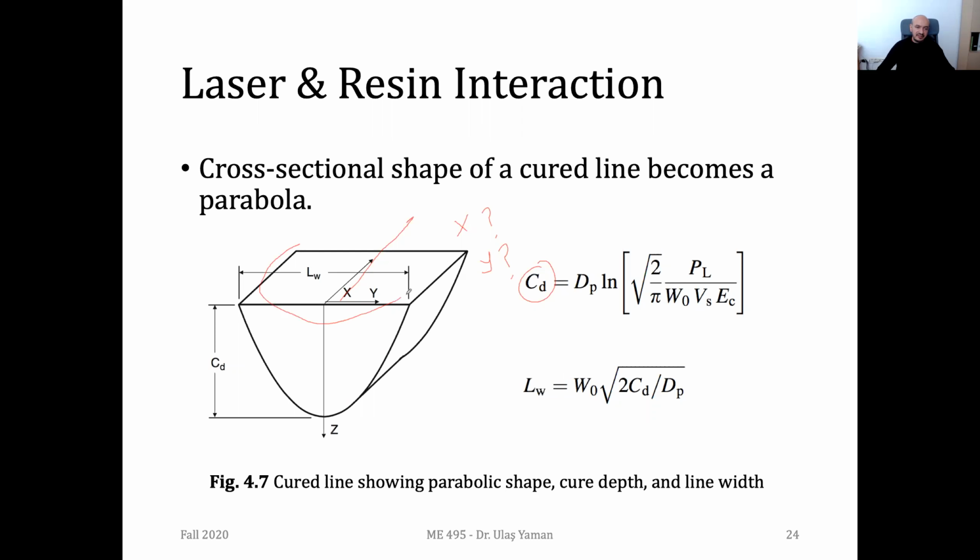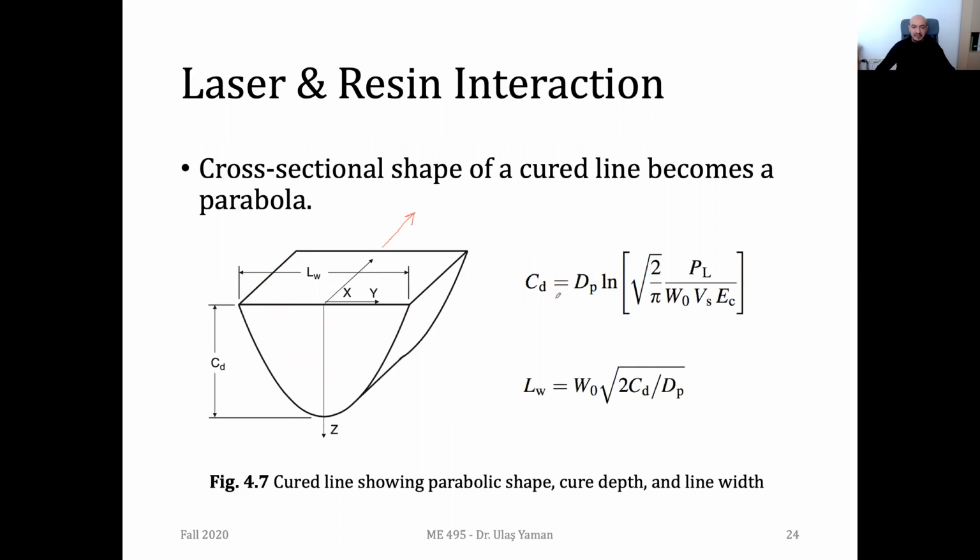We have a kind of a laser beam here, and due to the thermal effects, you have such a region cured. But if you move in Y direction, obviously you have a kind of a rectangular cross section. So in this configuration, our laser is moving in the X direction.